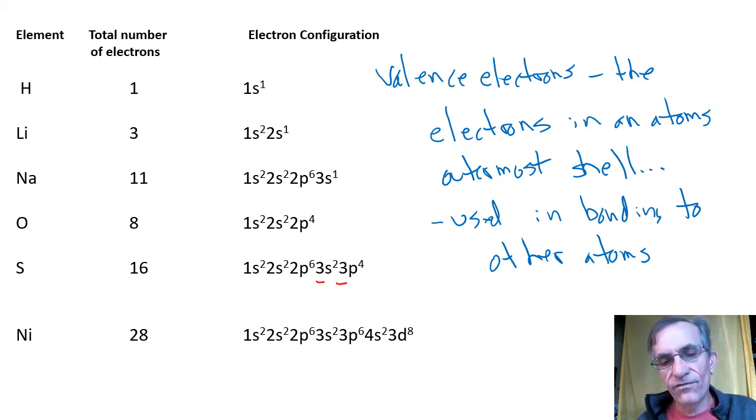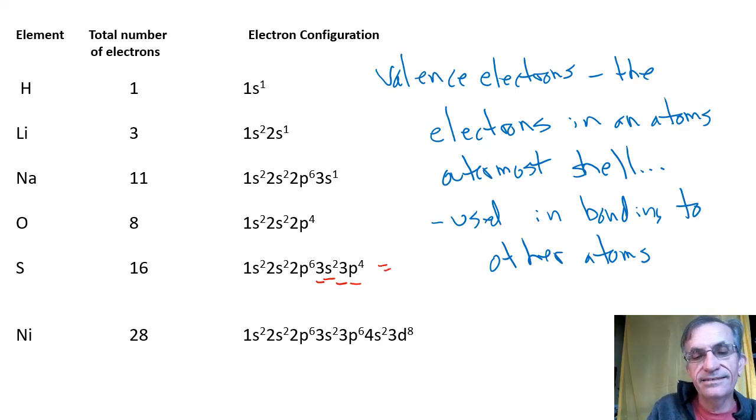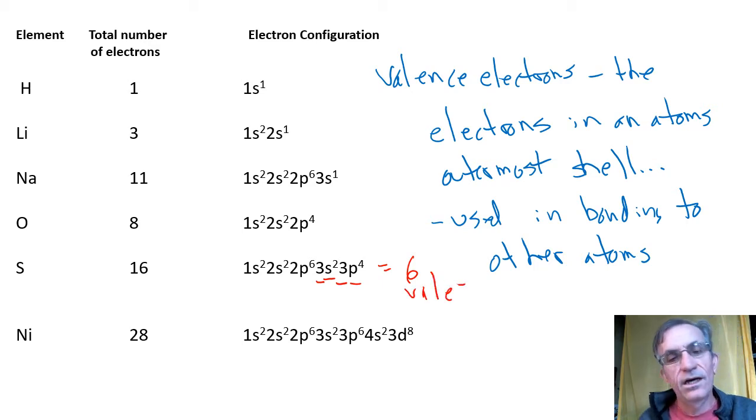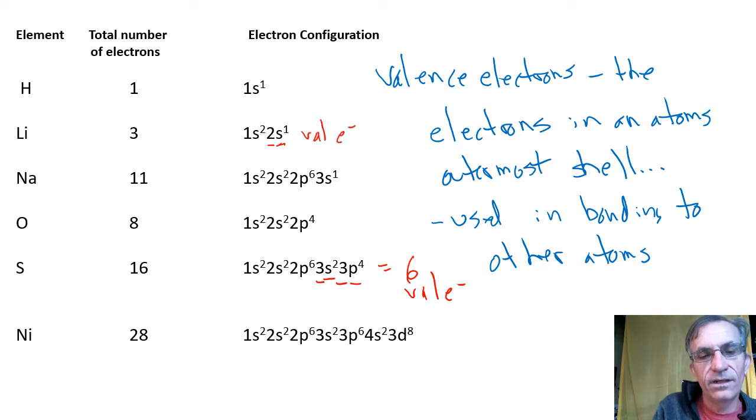For example, for sulfur, the outermost shell is the third shell, and in the S part there are 2 electrons, and in the P part there are 4. That adds up to a total of 6 valence electrons. If we look at lithium, the outermost shell is the second shell, and there's only 1 electron, in the S part.